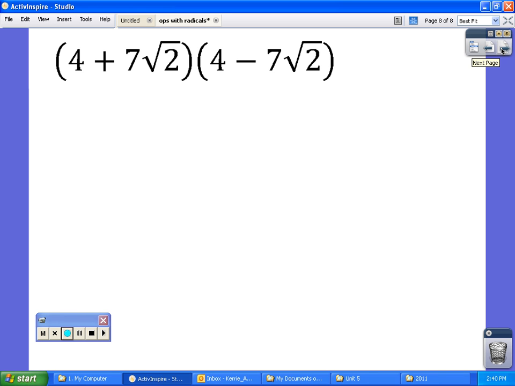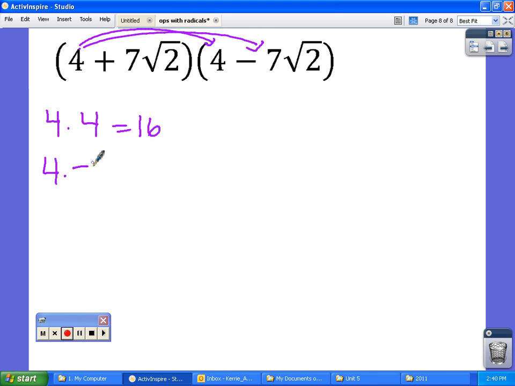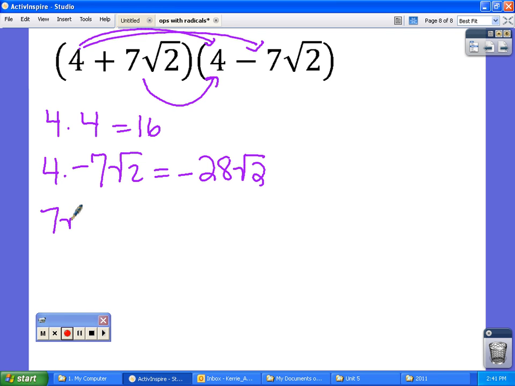Same thing, we're going to use FOIL. I'm going to do 4 times 4, which equals 16. I'm going to do 4 times negative 7, the square root of 2, which is negative 28, the square root of 2. I'm going to come back and do 7, the square root of 2, times 4, which is 28, the square root of 2.